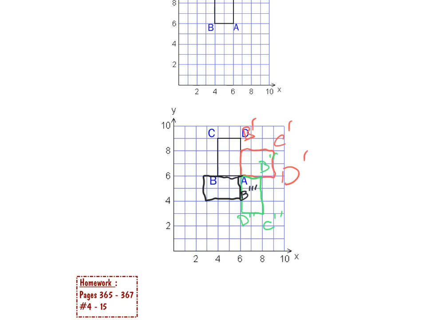This right here is C triple prime. And this right here would be D triple prime. The block shape being the rotation of 270 degrees clockwise about the corner A on that rectangle.